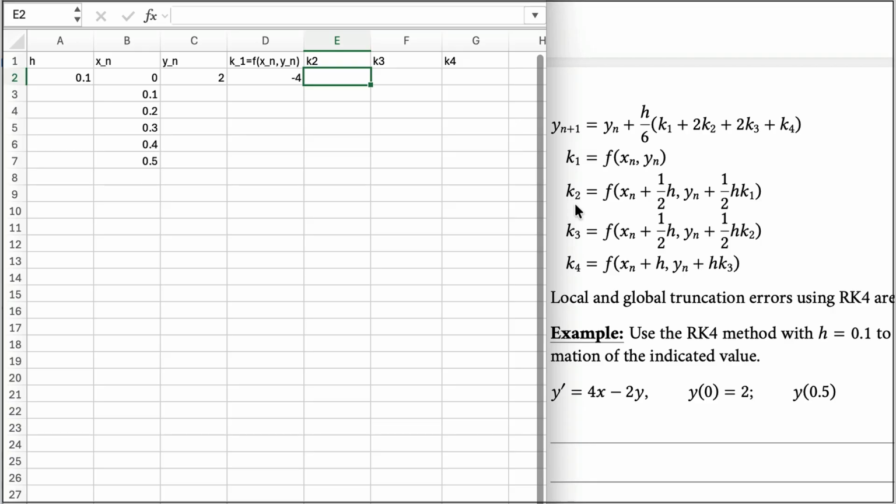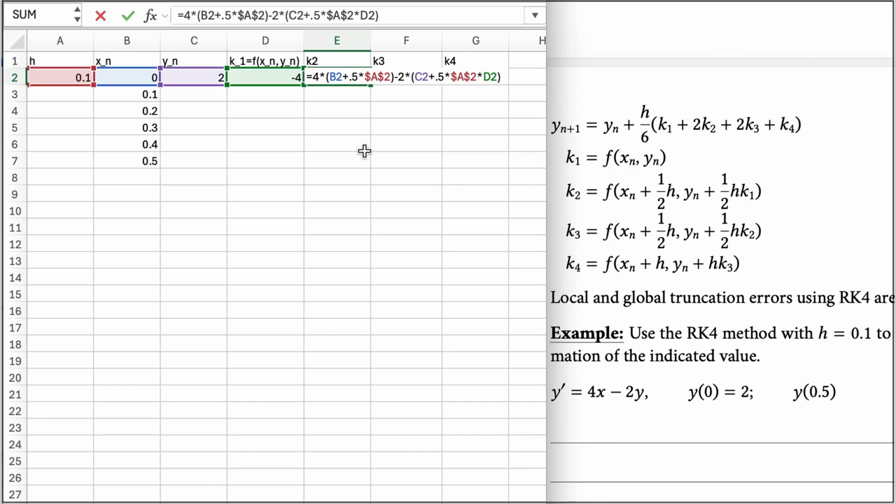Now notice that k2 has the structure of f, but instead of 4x minus 2y, it's 4 times the quantity of x sub n plus 1/2 h, minus 2 times the quantity of y sub n plus 1/2 h k1. So what I have for k2 in here is equal to 4 times x plus 1/2 h.